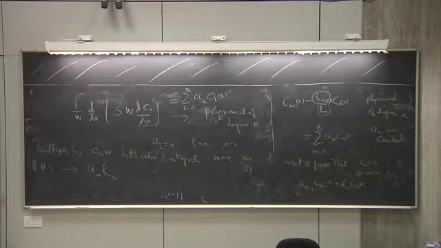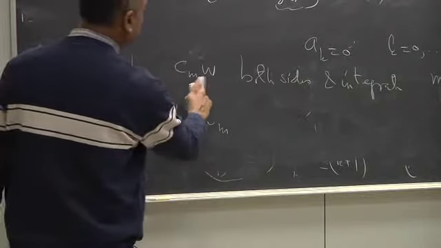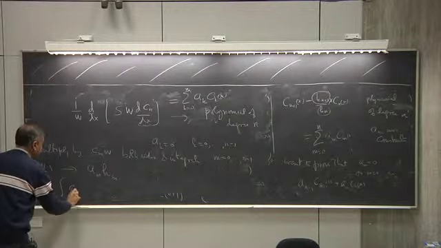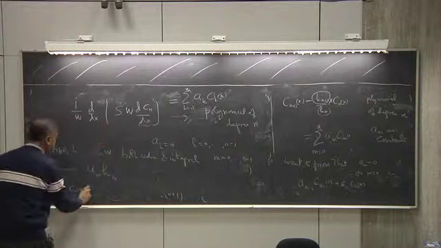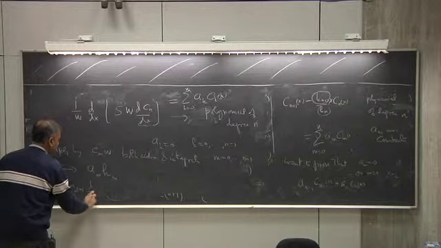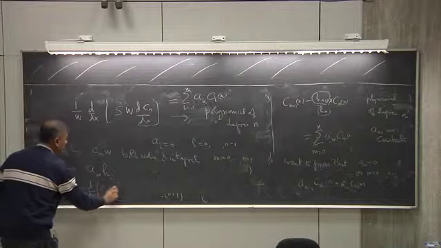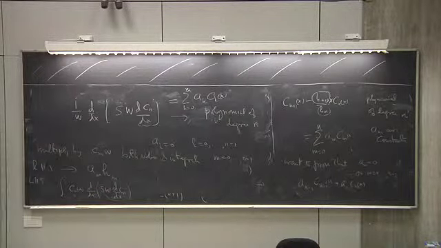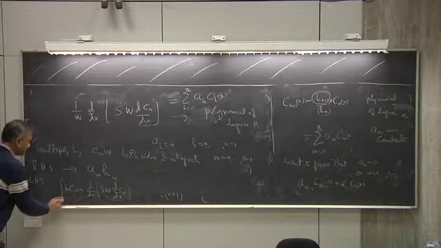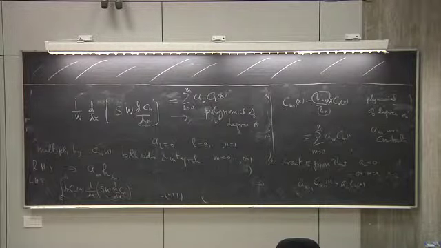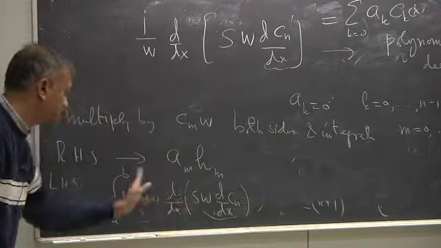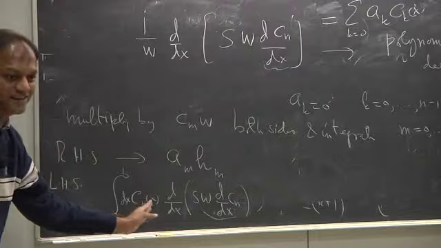What about the left hand side? Once you multiply by W times C_m, W cancels, and you get the integral from a to b, whatever that interval is, of C_m(x) times d/dx acting on S W dC_n/dx, dx. Again, the same thing. You start doing integration by parts.